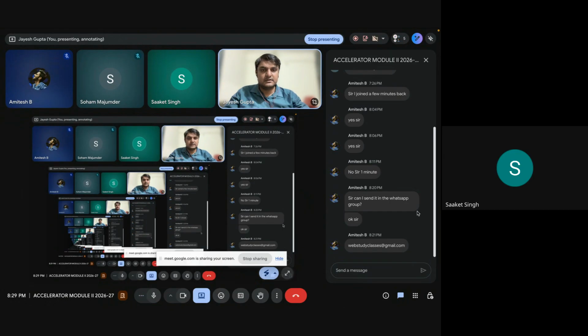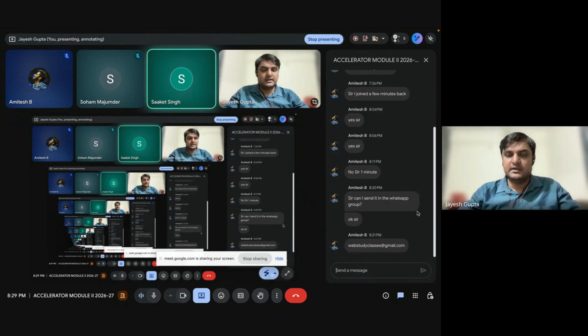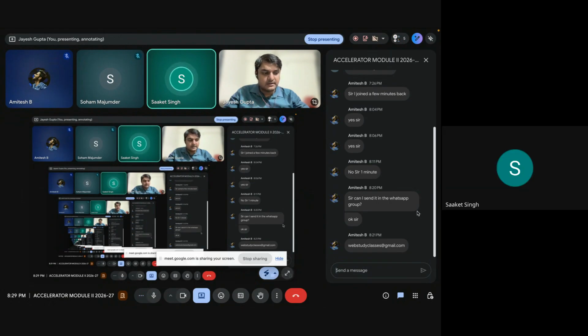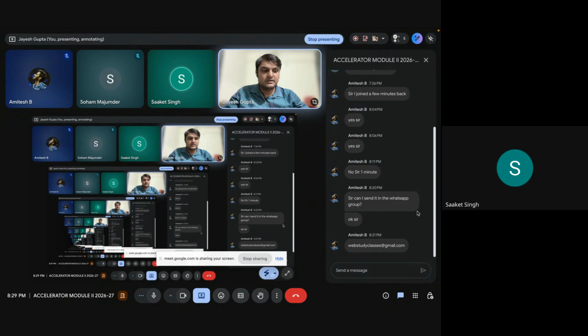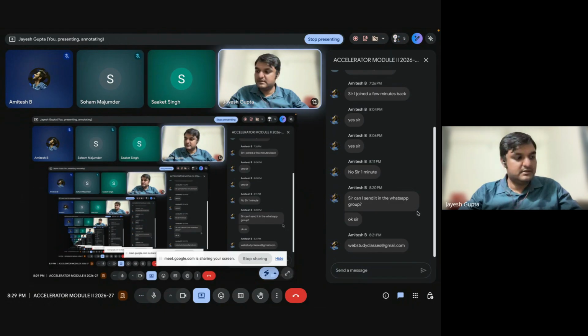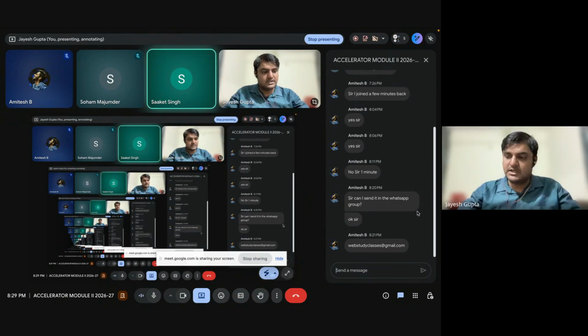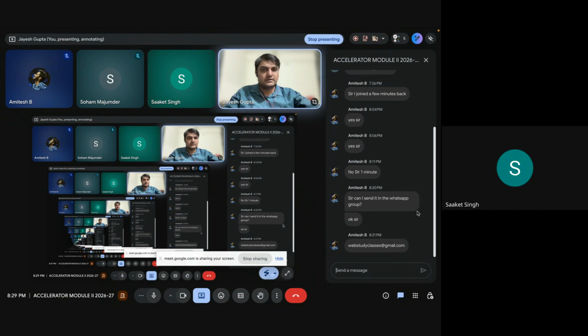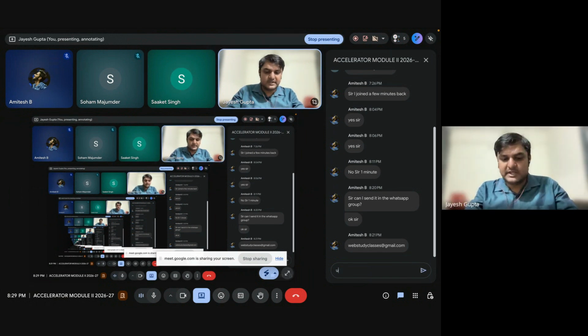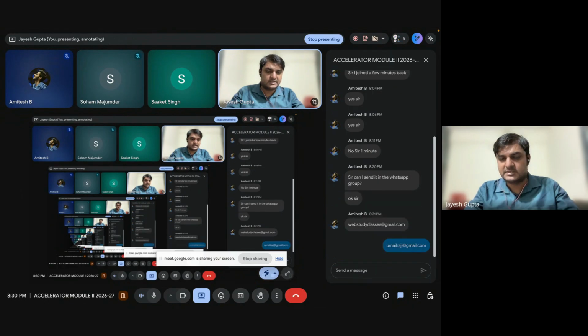UMAIL RAGI at gmail.com. Yes, sir. Okay, I'm writing here. Please correct me if it is right or wrong. UMAIL RAGI@gmail.com. Okay, so I'm writing it in the mail. Please confirm it is right.